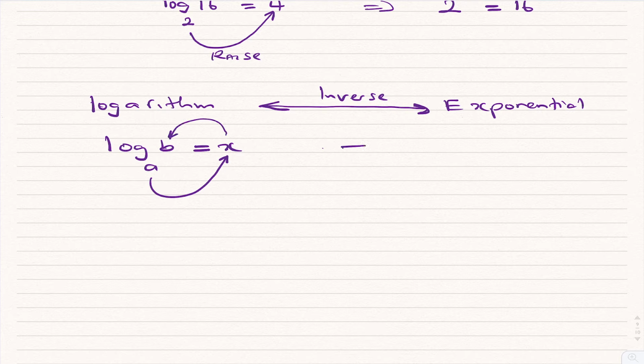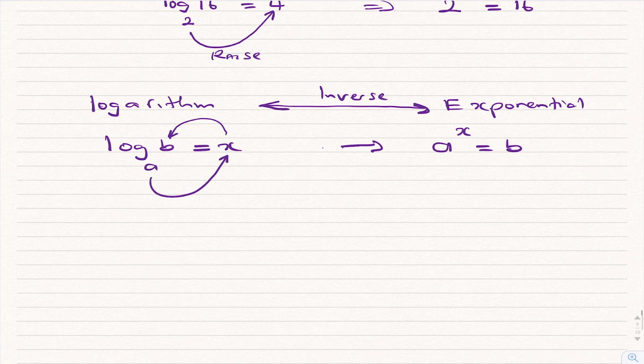So we get a to the power of x equals b. So that's the relationship between log and exponential function, the inverse relationship between them.